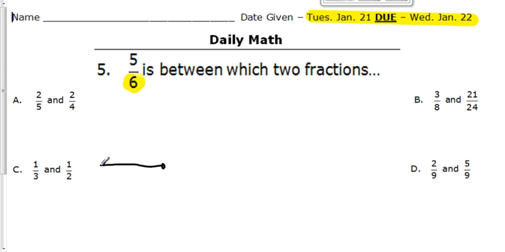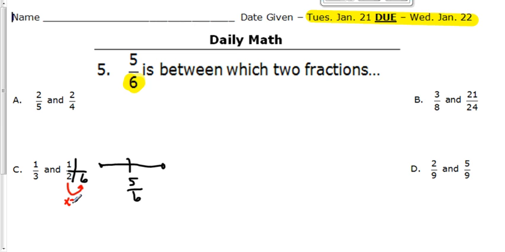So I'm going to set this up, and remember, you want 5/6 in between. Okay, so the first fraction I have is 1/2. That means I want 1/2 to convert over to a denominator of 6. 2 times what is 6? 2 times 3.